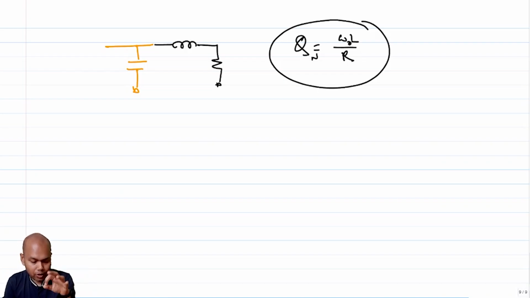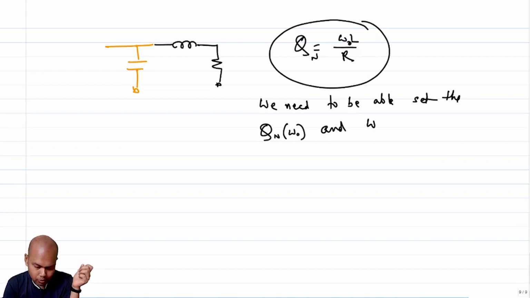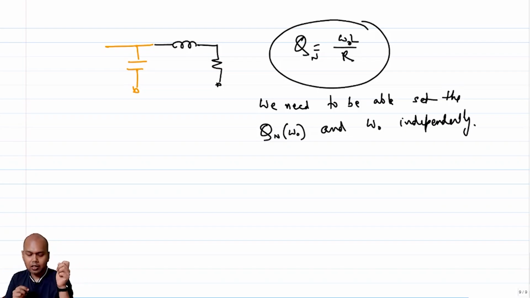So typically, we need to be able to set the Qn at omega naught and omega naught independently, right? Okay.